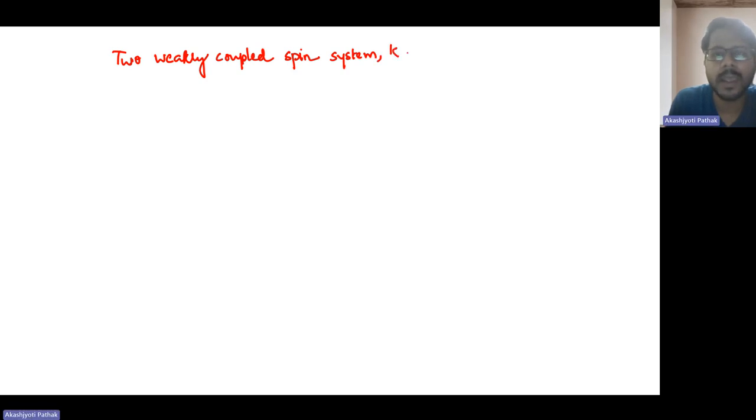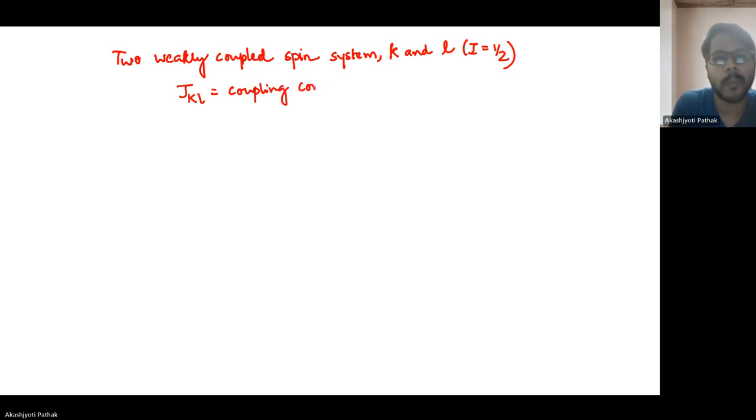Spin system K and L, both having I equal to half. And we will consider that JKL is the coupling constant between the K and L spin system.